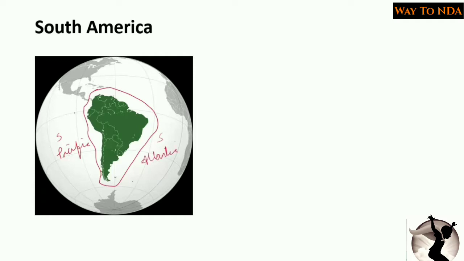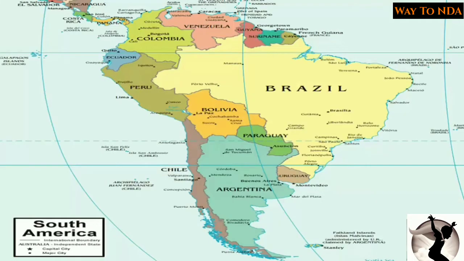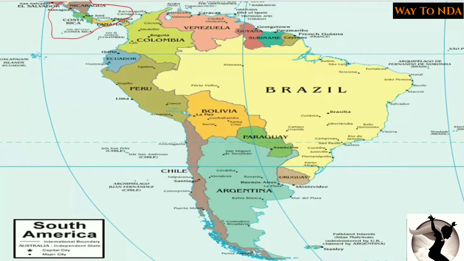And this is the map of the South American continent. Now these are some Central American countries: Nicaragua, Costa Rica, Panama, El Salvador. These are the Central American countries. And here you will find the South American continent.